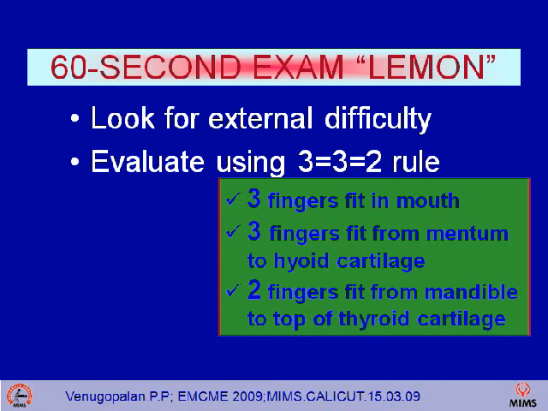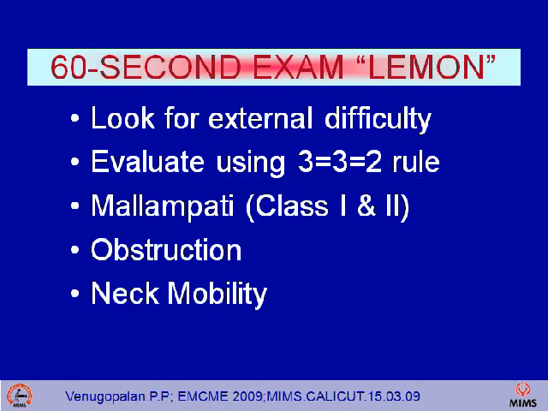If it is less than 3 fingers in an open mouth, it is a difficult airway. Place 3 fingers from mentum to hyoid cartilage. If it is again less than 3, it means an anterior larynx. Then place 2 fingers from the mandible to the top of the thyroid cartilage. If any of these is less than 3, less than 3, and less than 2, the intubation is likely to be a difficult one.